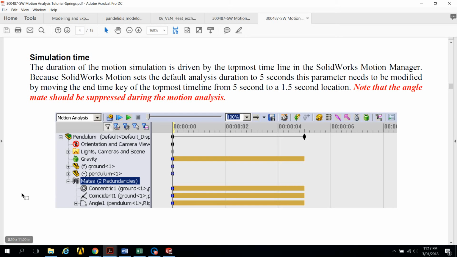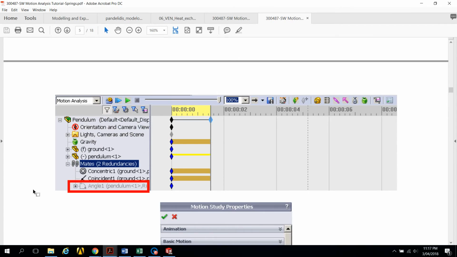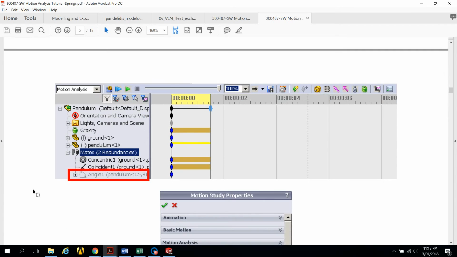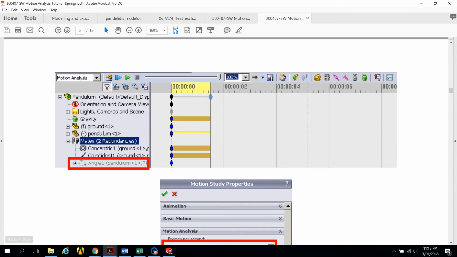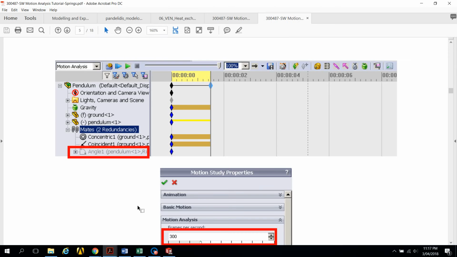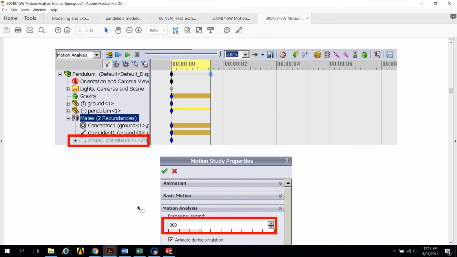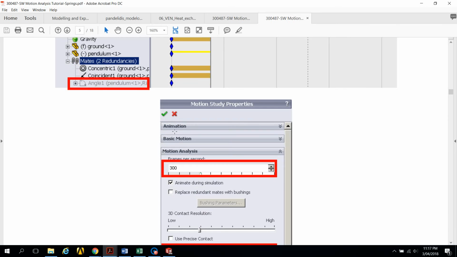Next, I have to check that this one has been suppressed as well. So check the mates. Yes, it's suppressed. So what I'm going to choose is the motion study properties: animation, basic motion, motion analysis.